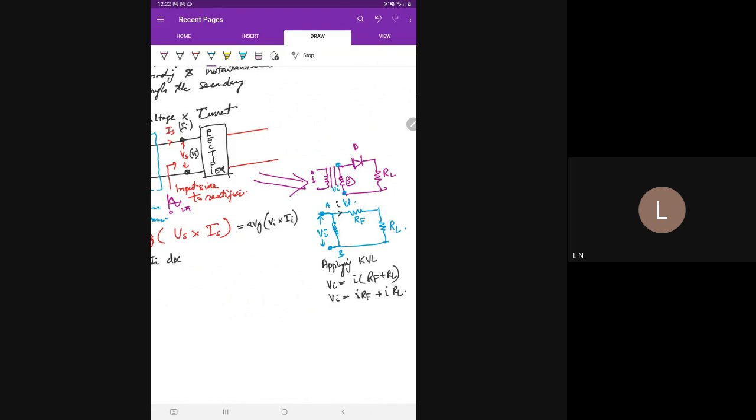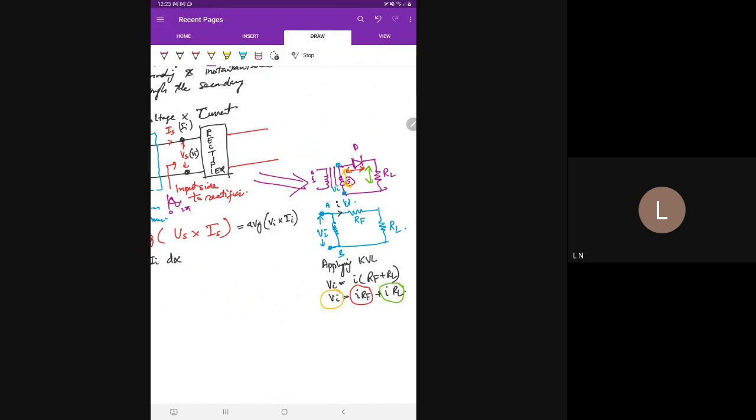This IRL is the voltage drop across the load, and IRF is the voltage drop across the diode. Vi is your input voltage that is present somewhere here.